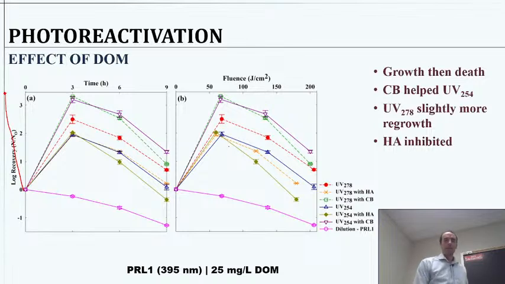And we can see that in some cases, the solid lines here are the mercury lamps. So all of these with the solid lines, that's the old school mercury, and the dashed would be the LEDs.